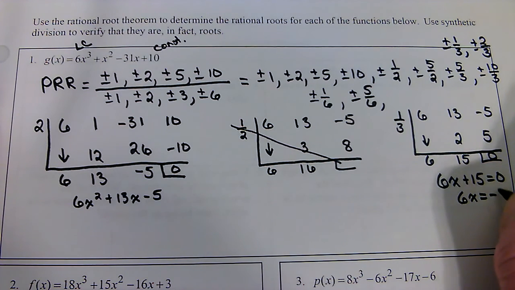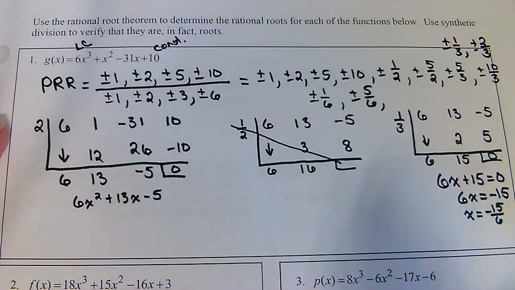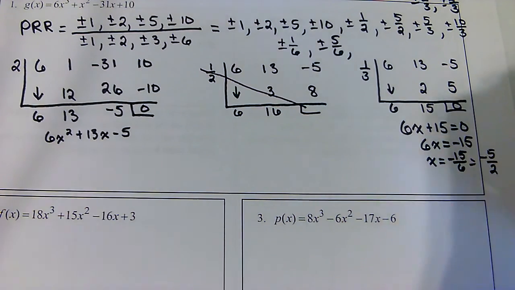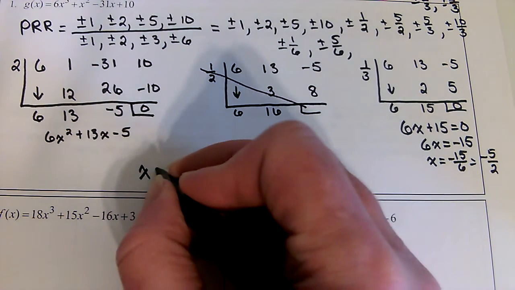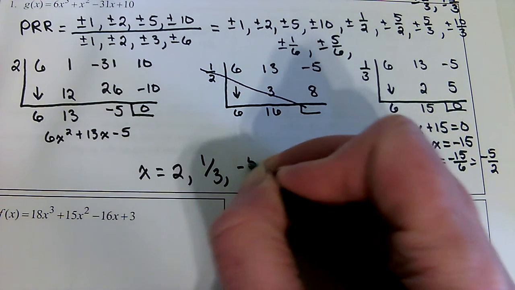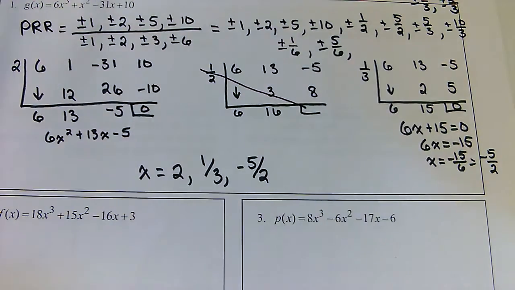So that would be 6x equals negative 15. X equals negative 15 divided by 6. They're both divisible by 3, so that's negative 5 halves. So my zeros are 2, 1/3, and negative 5 halves.